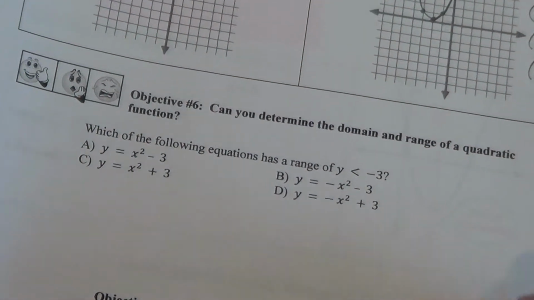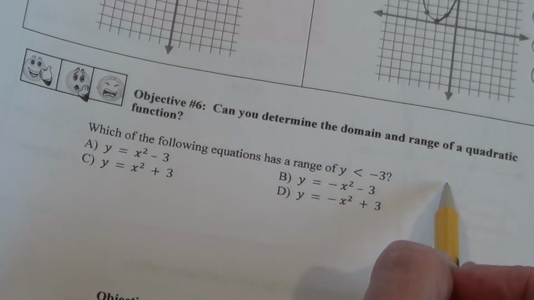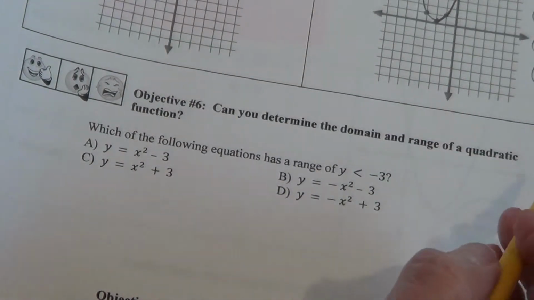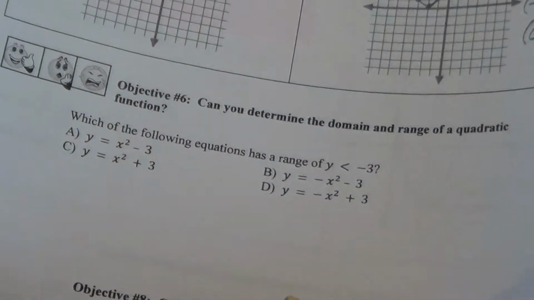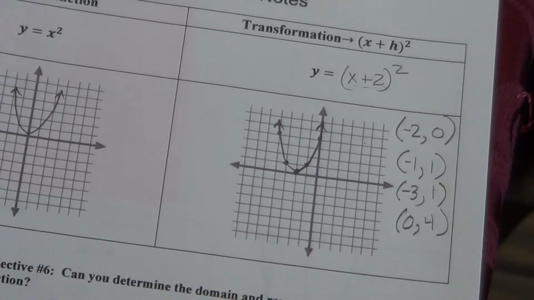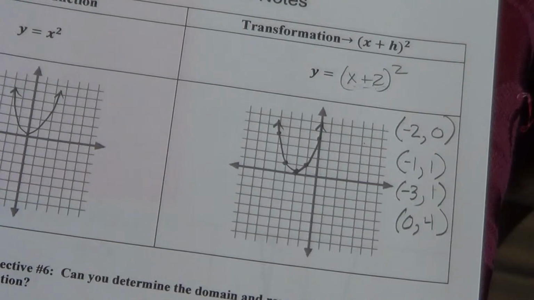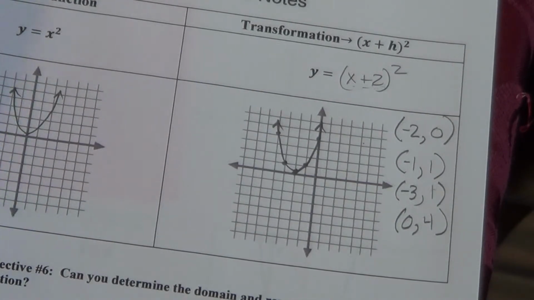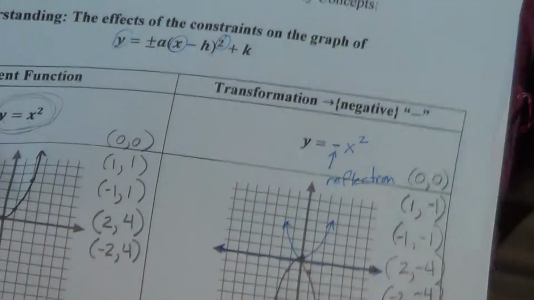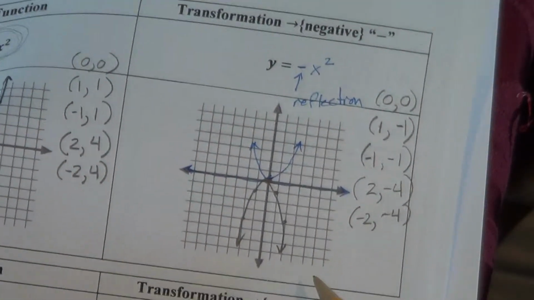Can you determine the domain and range of a quadratic function? Well, we didn't happen to look at domain and range here, and we do need to go back and talk about those. So let me grab these sheets real quick, and let's put our domain and range back into them. If you would turn to page number 4, and we'll look at the reflection first.